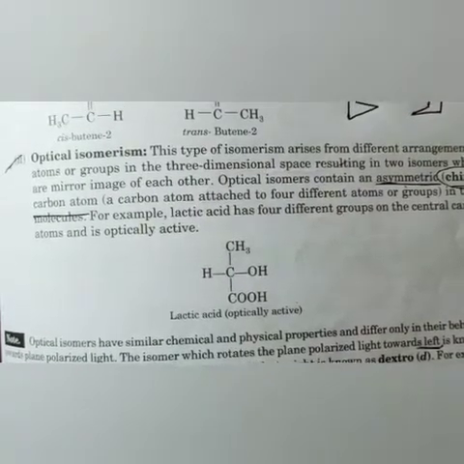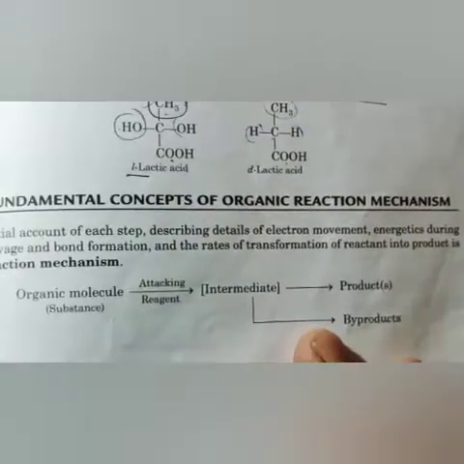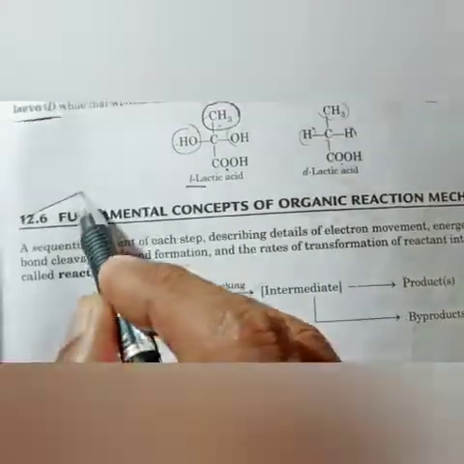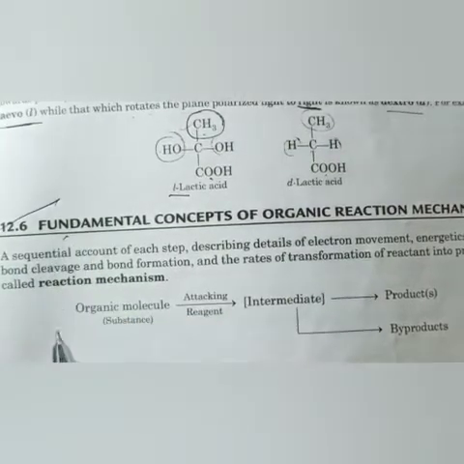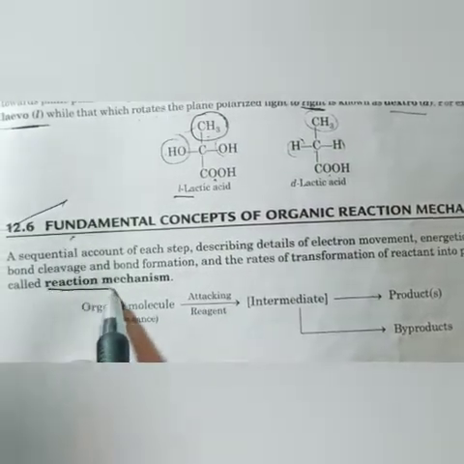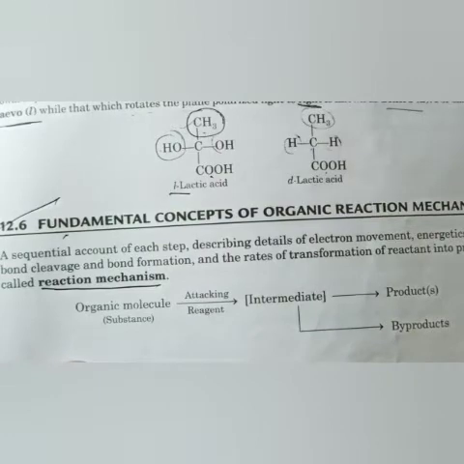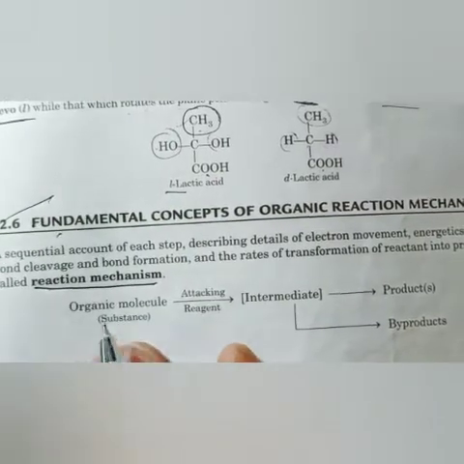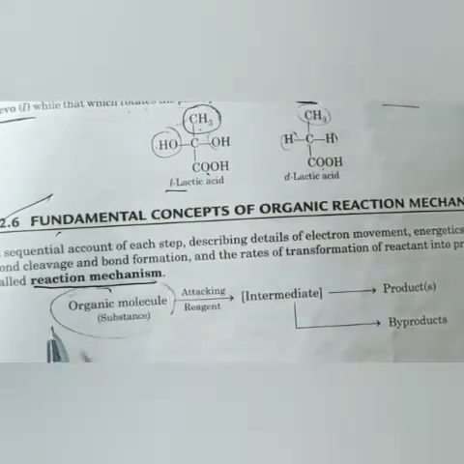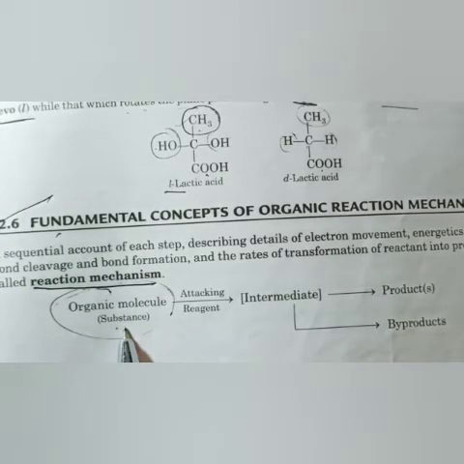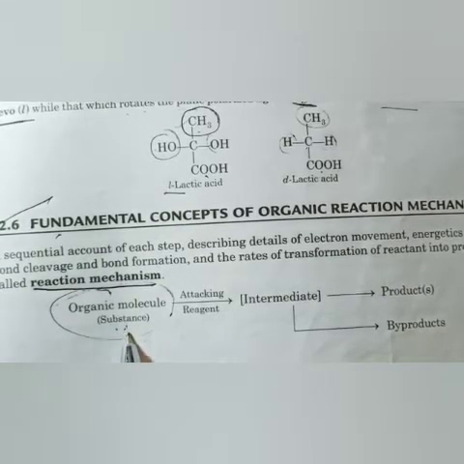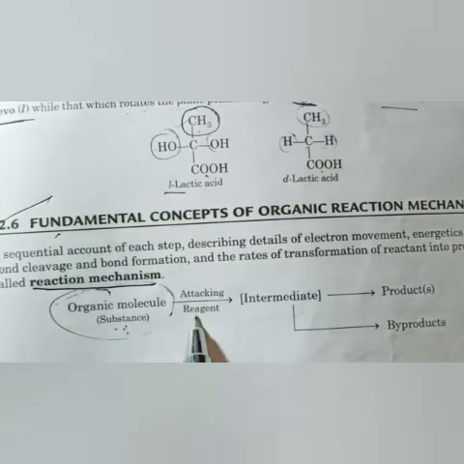Now dear students, the next topic that we are going to start is fundamental concepts of organic reactions, in which we will come to know the reaction mechanisms of organic chemistry. Here I am giving you a little idea. One organic molecule that will react is called the substrate, which will be attacked by some attacking reagent.